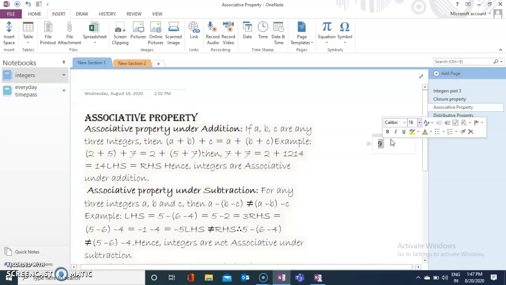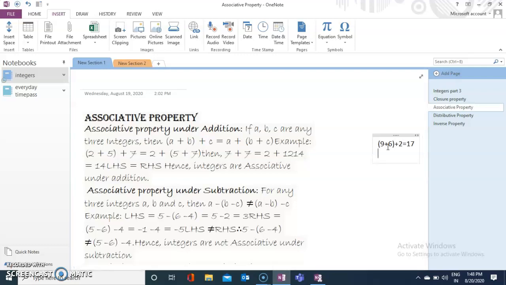Take 9. Brackets open, 9 plus 6, brackets close, and then I put plus 2. So I get 17 as the answer.